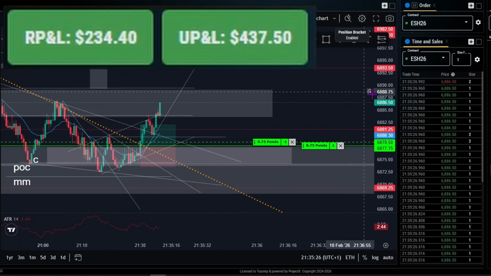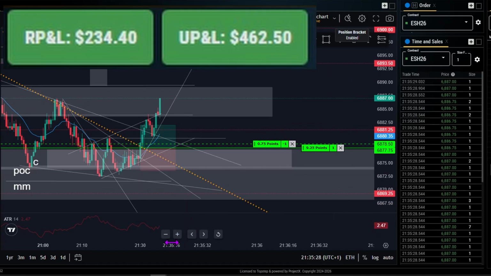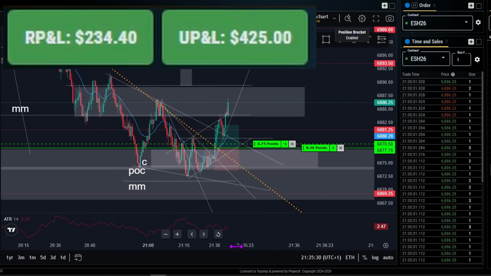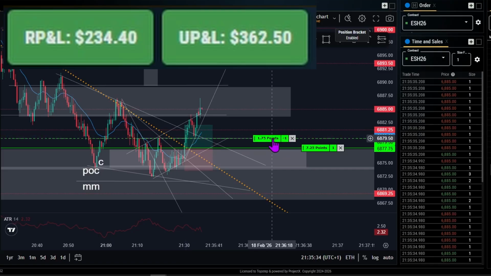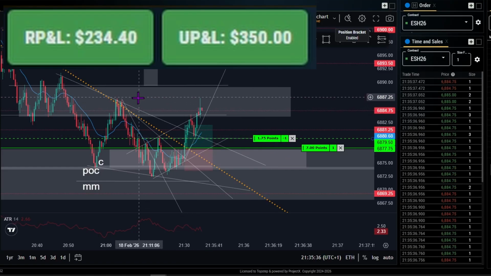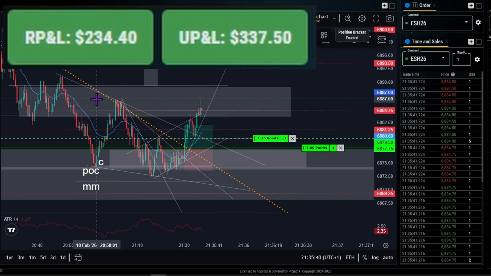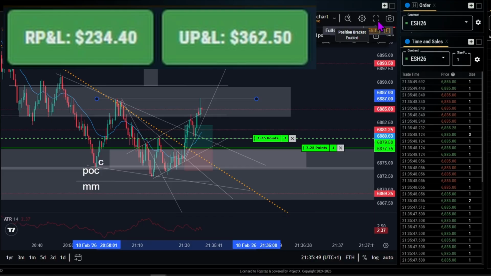So now, perfect. Oh, perfect, perfect, perfect. So I can go like this. I don't think this is gonna move down now. The trap level. There is still no trap. Probably price is gonna move further up.